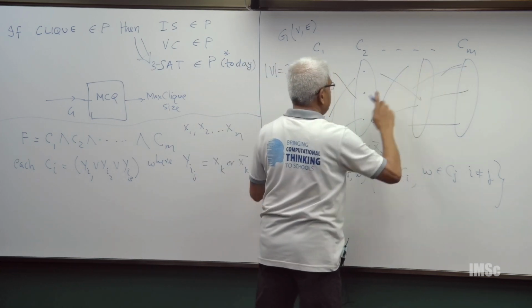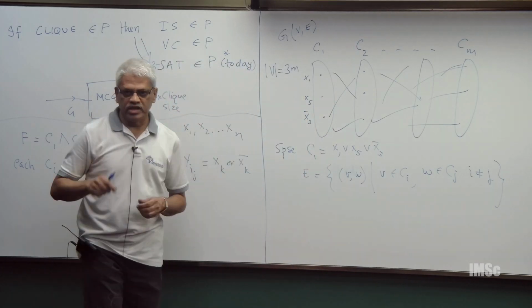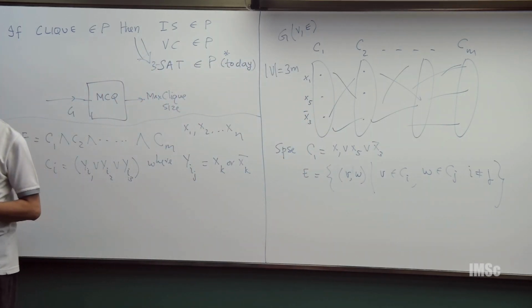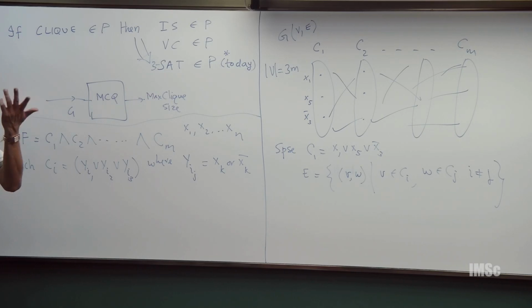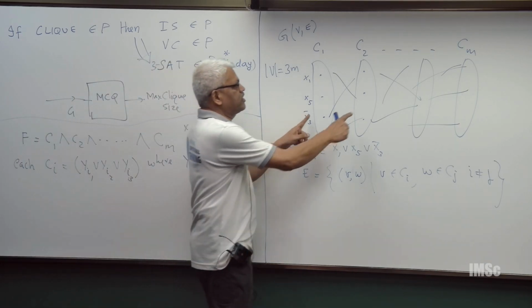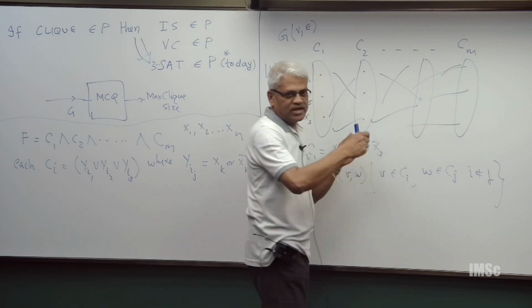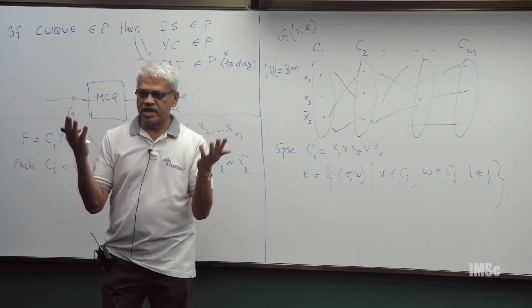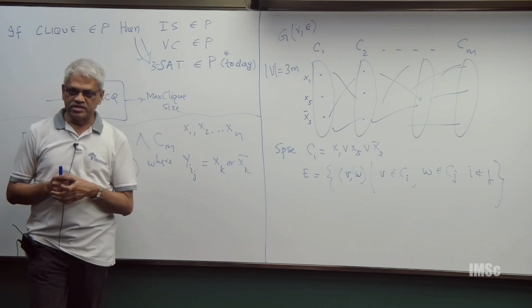Between any pair of the C_i's, I am adding all edges. So, how big a clique can you have? m. Does everyone see that? Can you give me some m-clique? I mean, pick a vertex here, pick a vertex here, pick a vertex here, they are all mutually adjacent. So, that is a clique of m vertices.